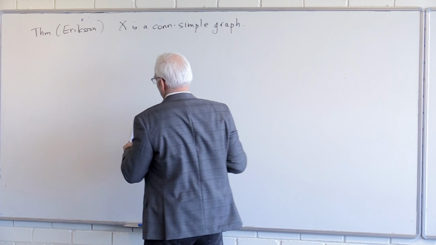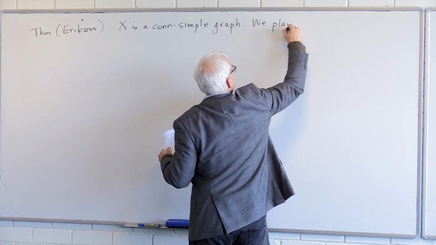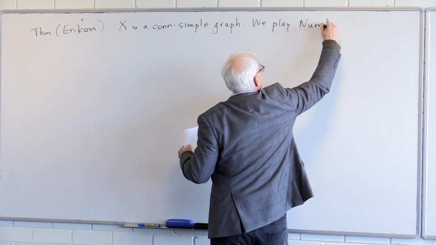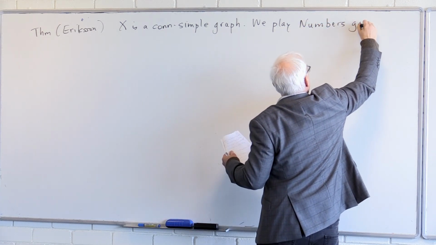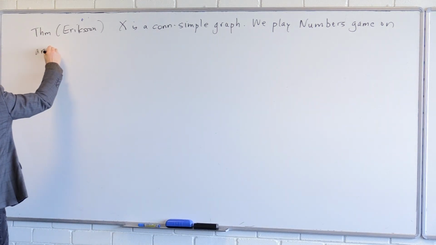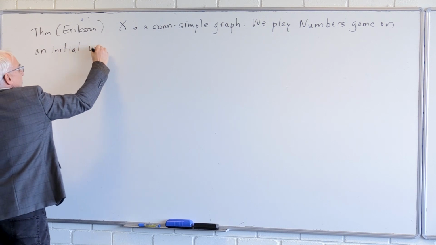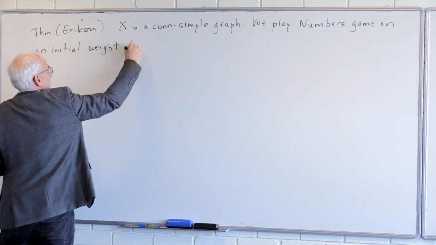So X is a connected simple graph, and we play the numbers game on an initial weight lambda.